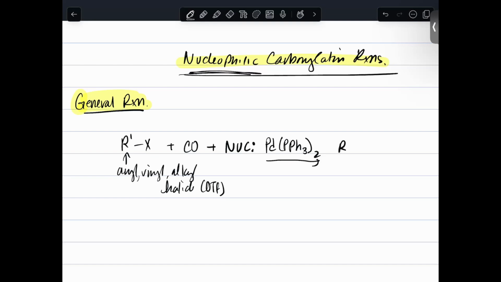And what you get is a carboxylic acid or a carboxylic acid derivative.